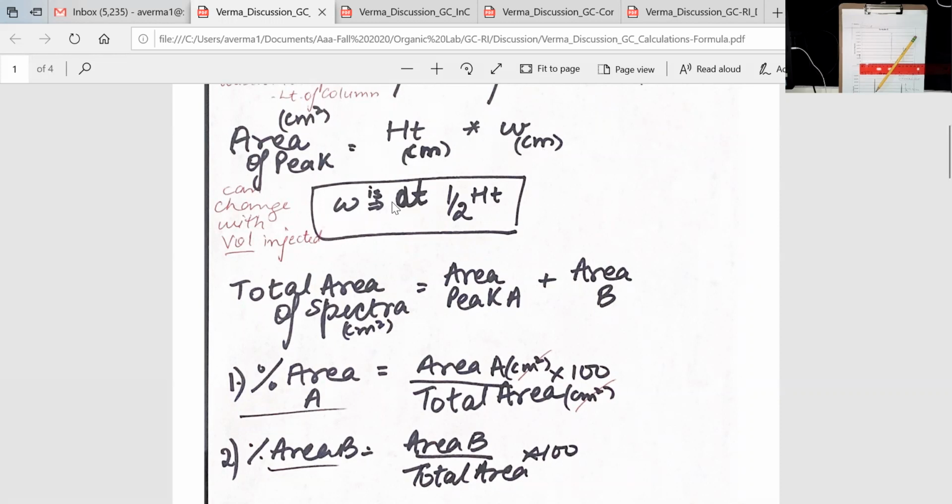Now, the width of a peak is always measured at half of the height. So if your height of the peak is 10 centimeters, what is the width at 5 centimeters? That width you have to multiply with the total height of that peak.